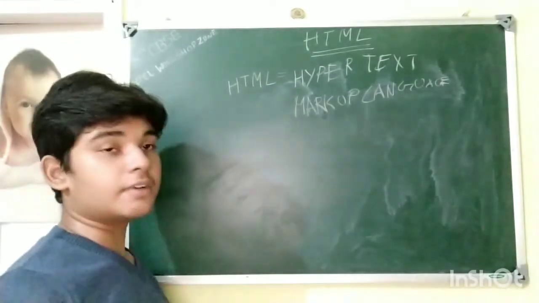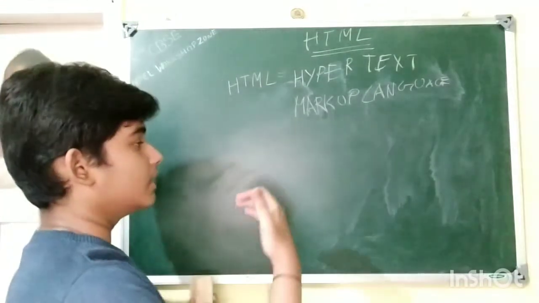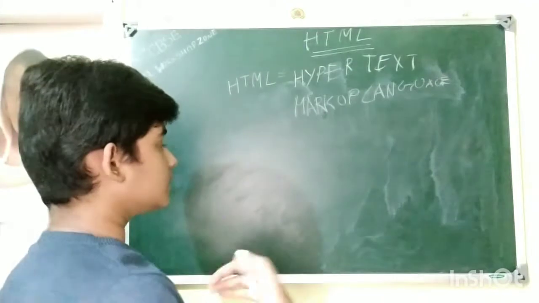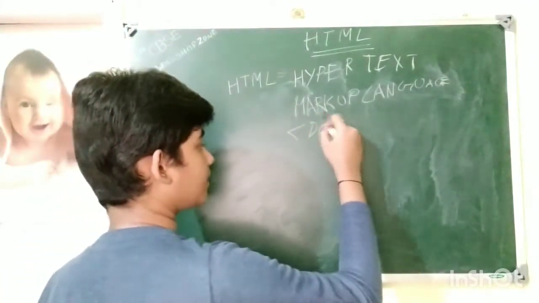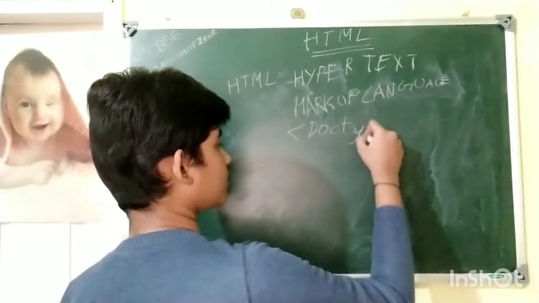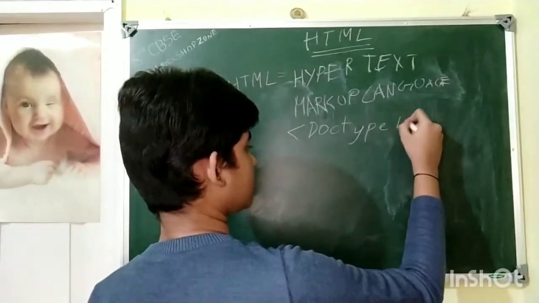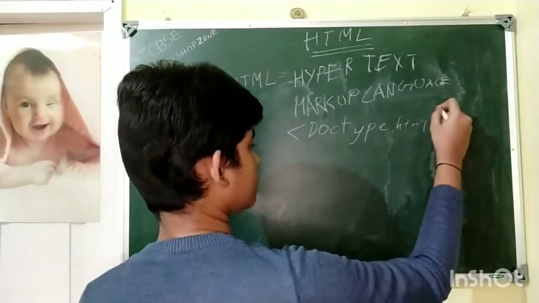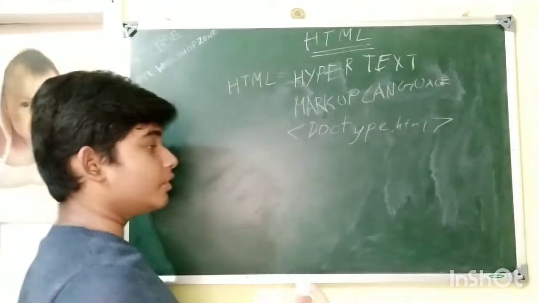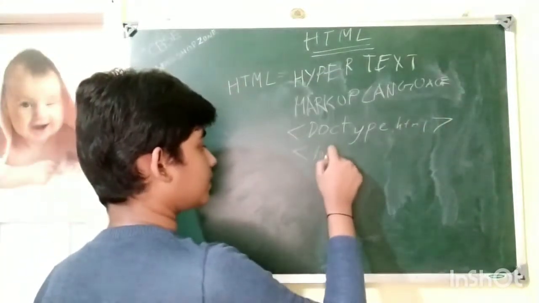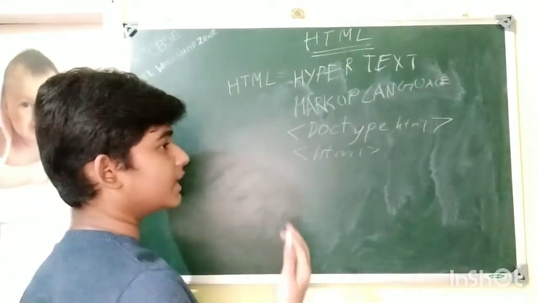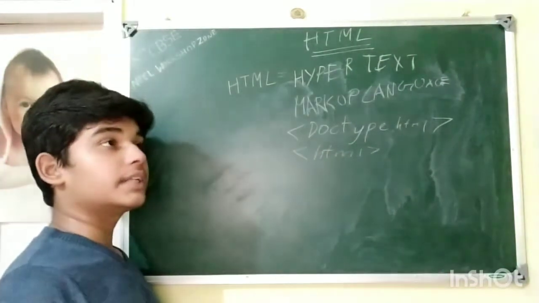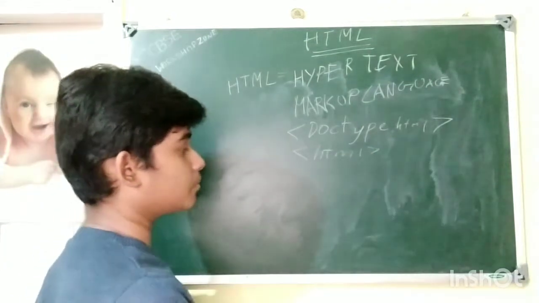Now let's talk about how to write an HTML program. First it starts with brackets, !DOCTYPE html. And then you write <html>, and this is the root of the code, because it helps the computer understand this is an HTML program.